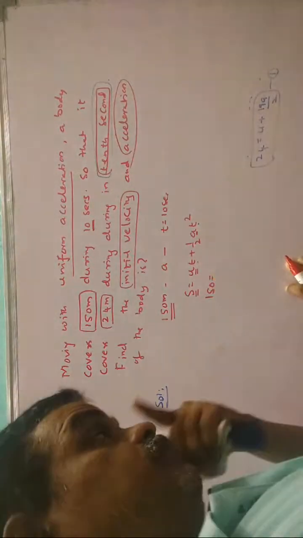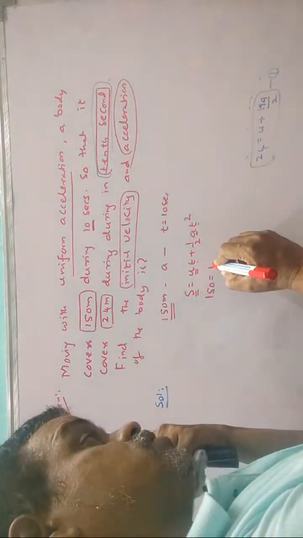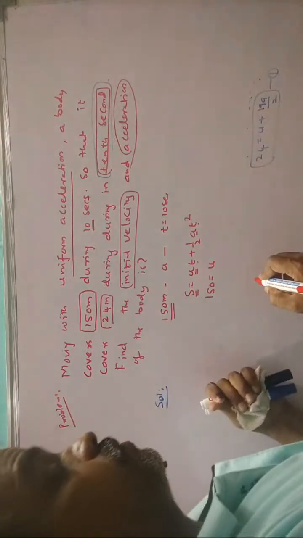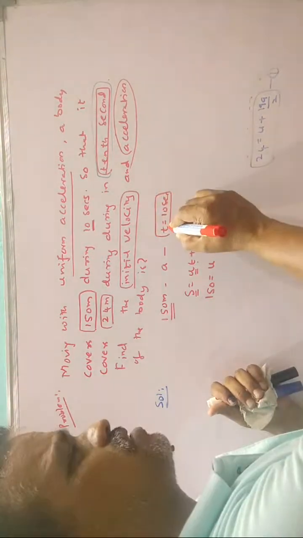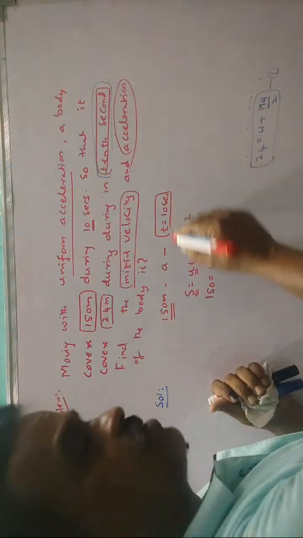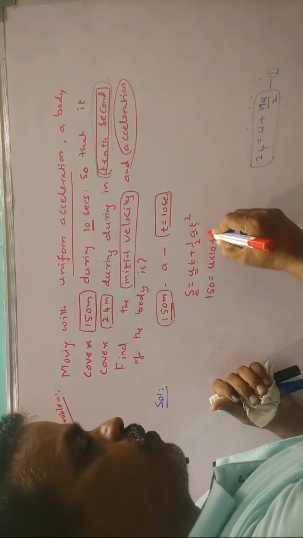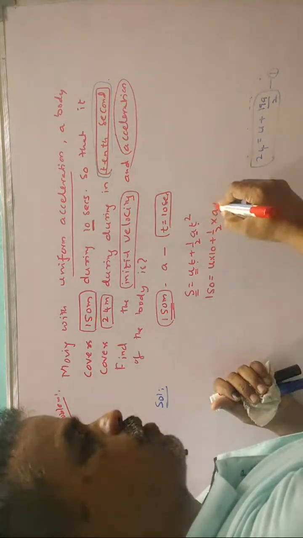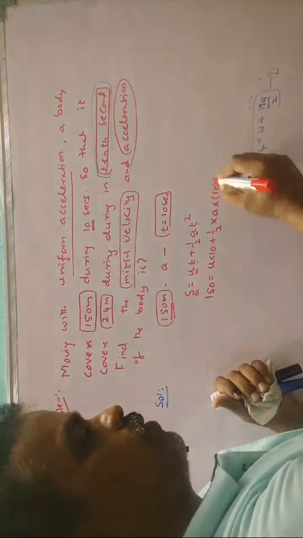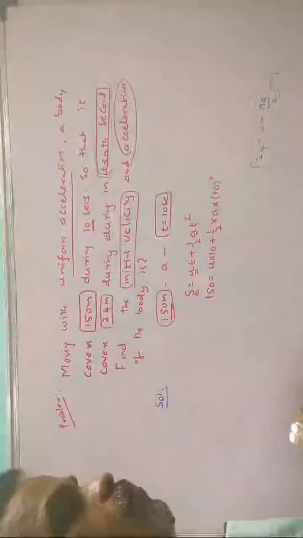150 equal to, we don't know the initial velocity, so u. t equal to 10 seconds. The body traveled for 10 seconds. It covered 150 meters. So u into 10 plus half into a, we don't know, into t square, 10 into 10 square.